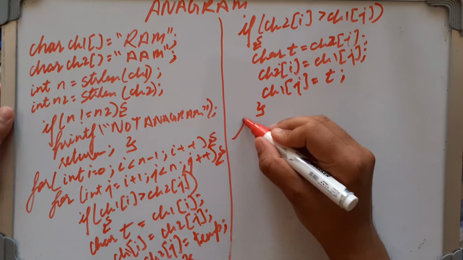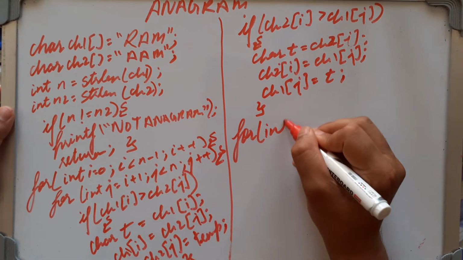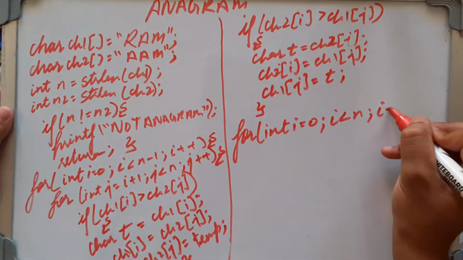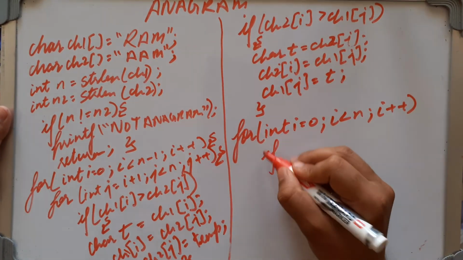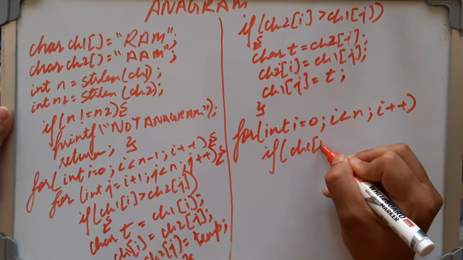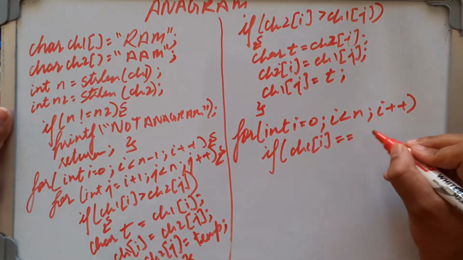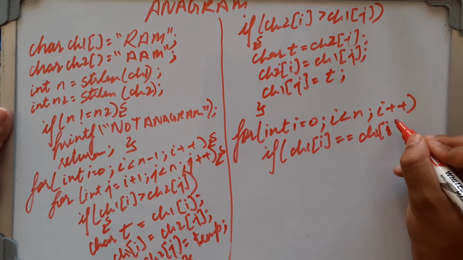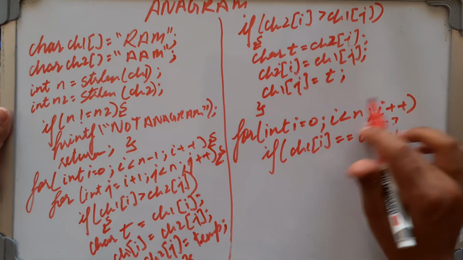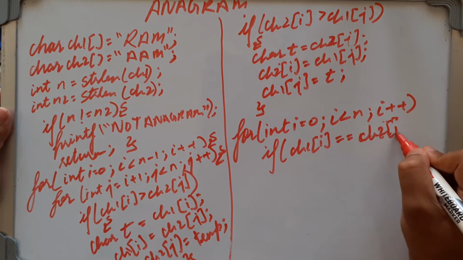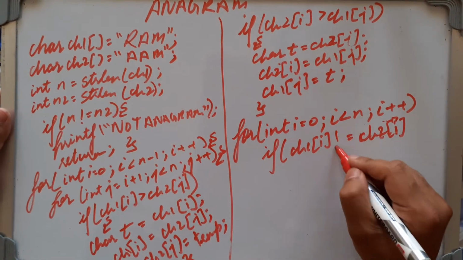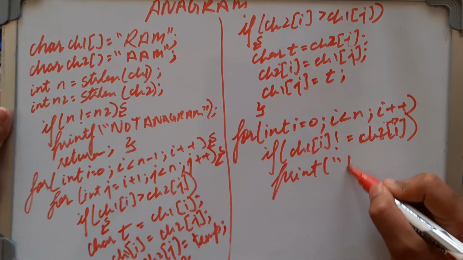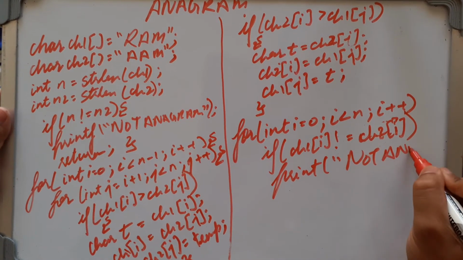Now again you have to do a for loop for int i equals to 0 and i is less than n and i plus plus. Now you have to write an if condition ch1 of i not equals to ch2 of i, then printf not anagram.